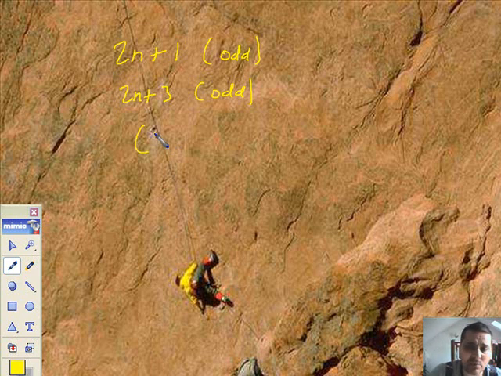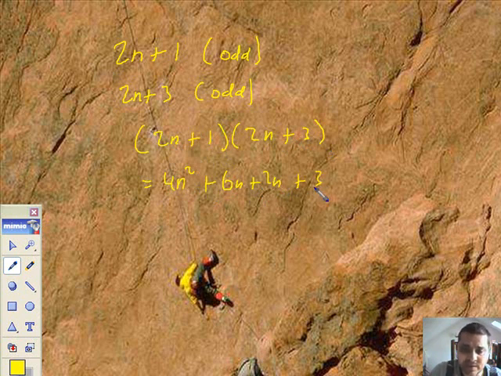So product means multiply. So I want to multiply these two expressions and see what I get. 2n times 2n is 4n squared. 2n times 3, 6n. 1 times 2n is 2n. And 1 times 3 is 3. So that's going to be 4n squared plus 8n plus 3.